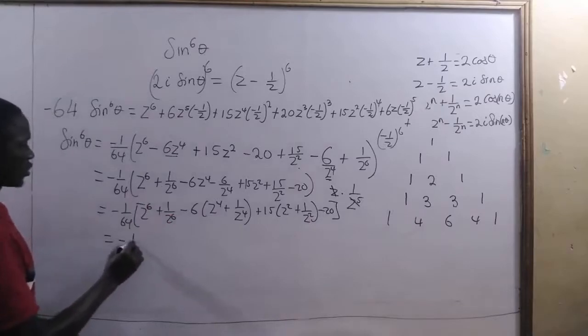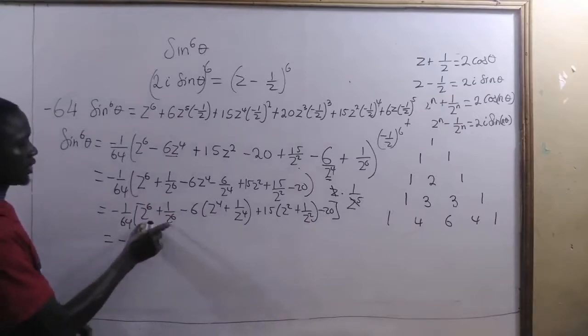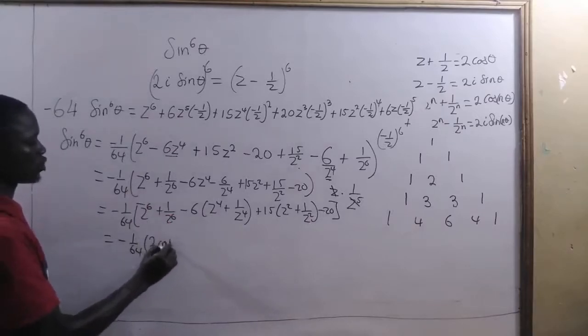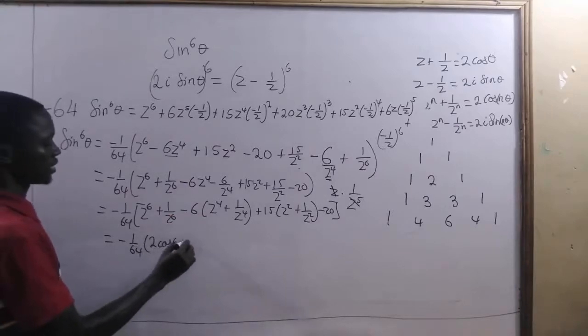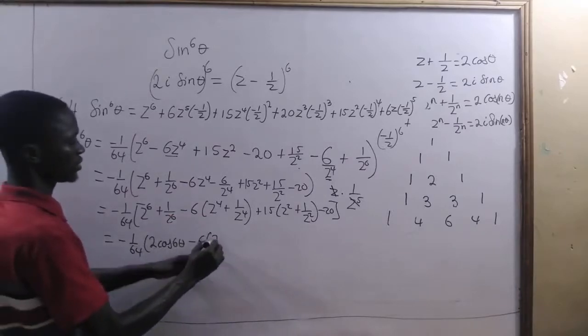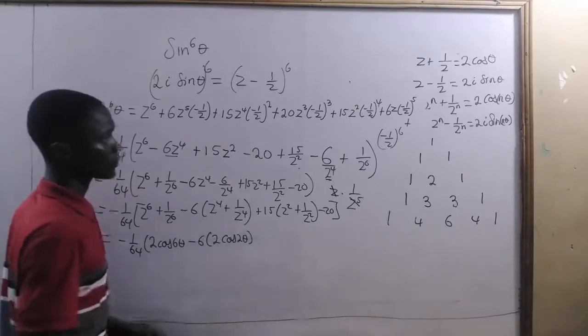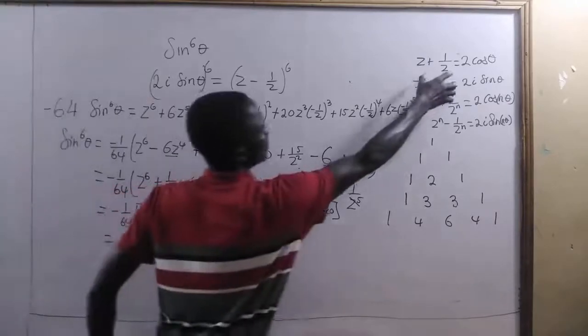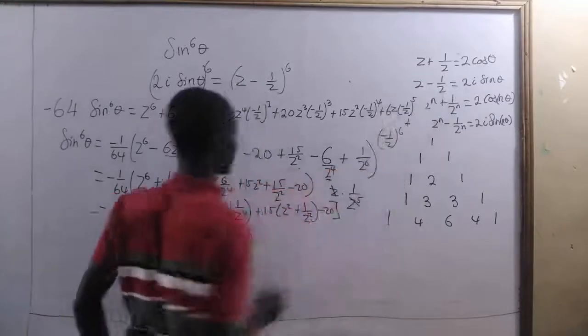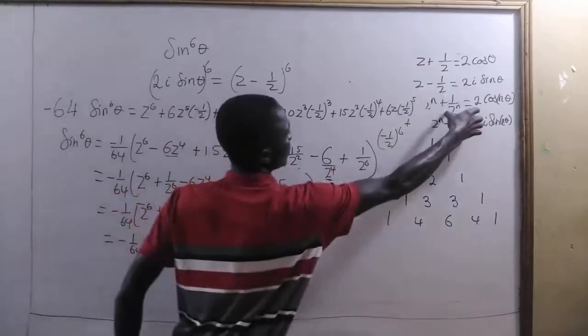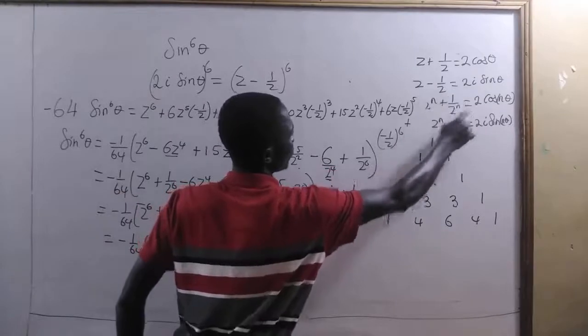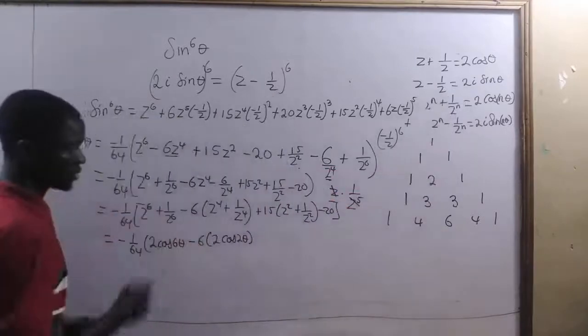And this will give minus 1 on 64 times 2 times cosine of 6 theta minus 6 into bracket 2 times cosine of 4 theta. Sorry, that's what we have there: z to the power n plus 1 over z to the power n is 2 cosine of n theta. You are getting that, huh?